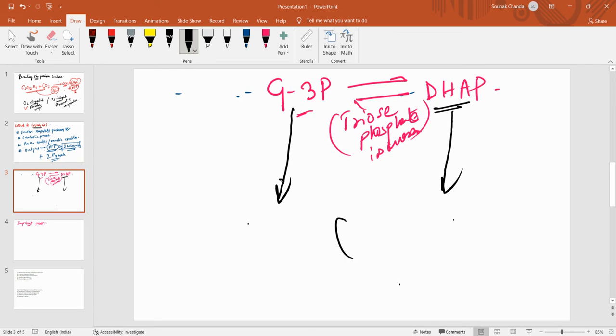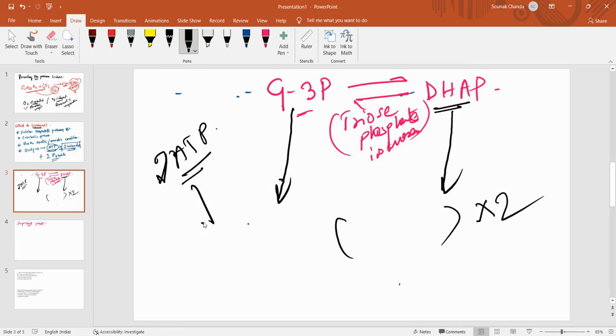So whatever end product we are getting will be multiplied by 2. Similarly, if we invest 2 ATP, then the net ATP will be 2, because for 1 ATP 1 ATP is coming, for 1 ATP 1 ATP is coming. But if we get only 2 ATP as a return, then there will be no kind of energy gain.